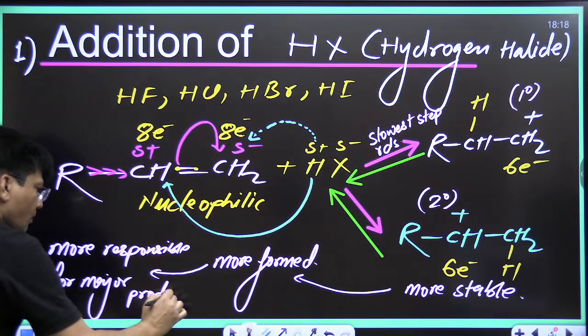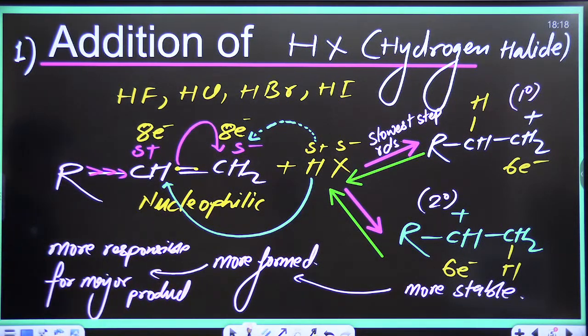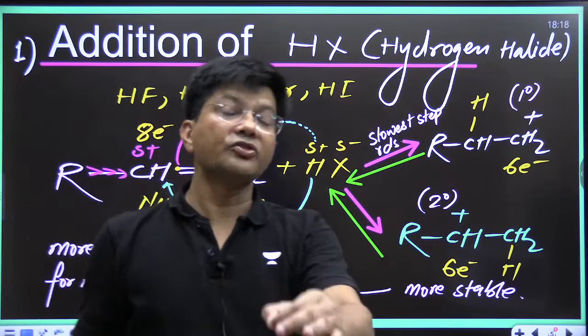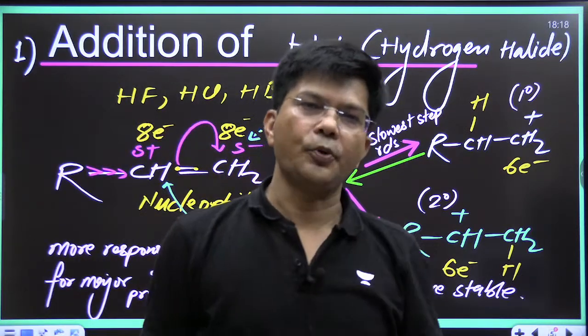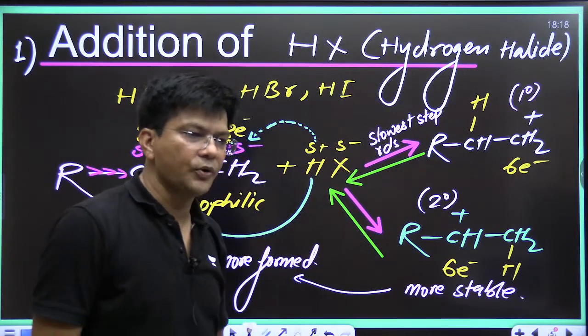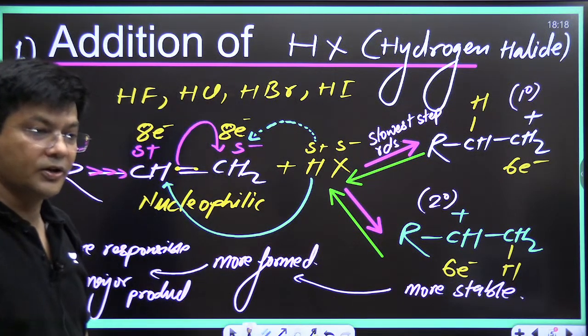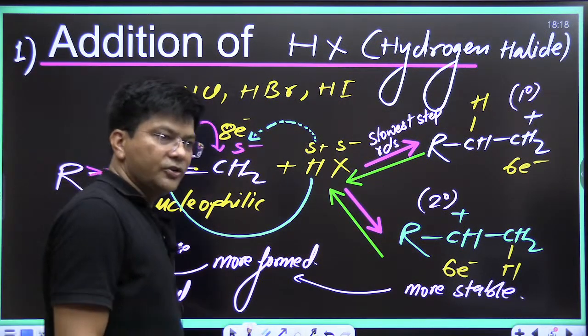Kids, both types of products will get formed, but the more stable one will be responsible for major product formation. So everyone, are you getting this point? Got it? Anju Singh, got it?